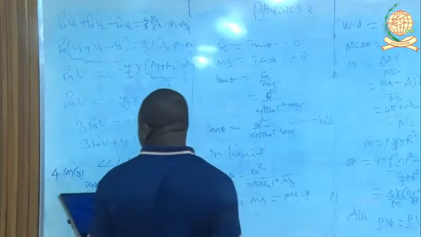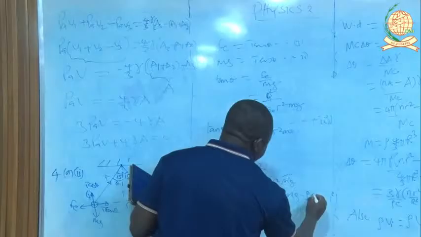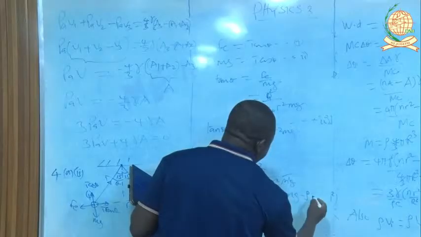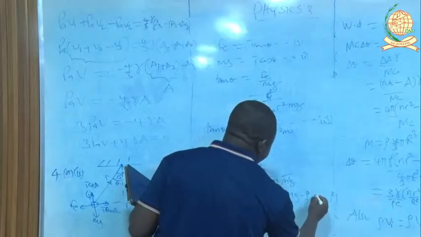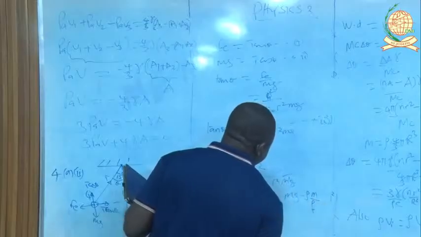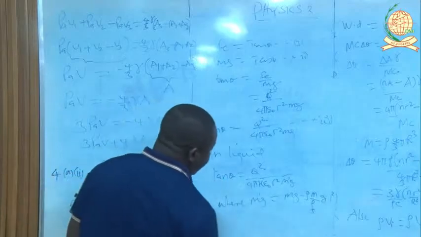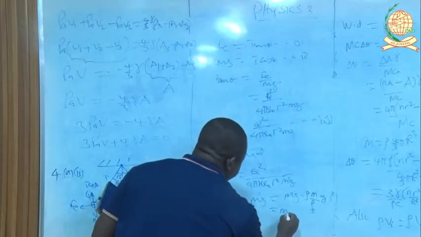But what is the volume displaced? The volume displaced is equal to the volume of the solid, the charged sphere, which will be mass over the density of the sphere. Then we multiply by g.